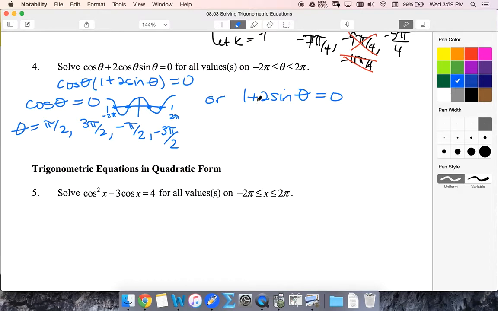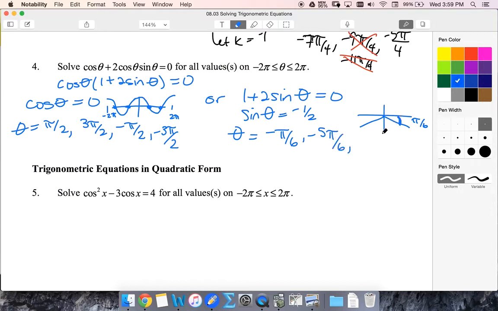So I can graph this as it is. I can also use my algebra to say that this is going to lead to sine theta equals negative 1/2. Well, I know that that happens in quadrants 3 and 4, and they happen with my short angle. My reference angle is pi over 6. So I know that theta is going to be equal to negative pi over 6. If I have this one coming all the way to here, that's negative 5 pi over 6.